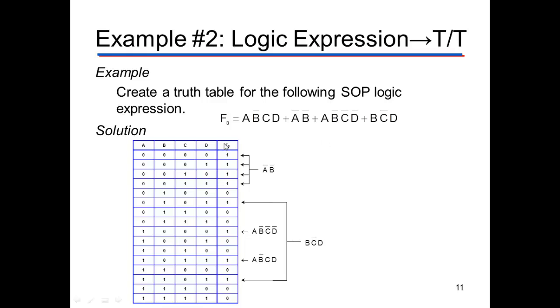So here is the truth table. You'll see not A, not B actually ends up making 4 1s in the truth table. These each make 1, and B, not C, and D makes 2. So we have a total of 1, 2, 3, 4, 5, 6, 7, 8 1s out of 16 possible.